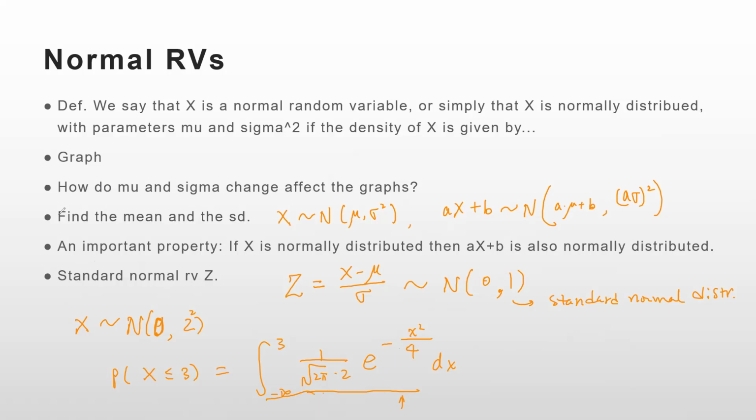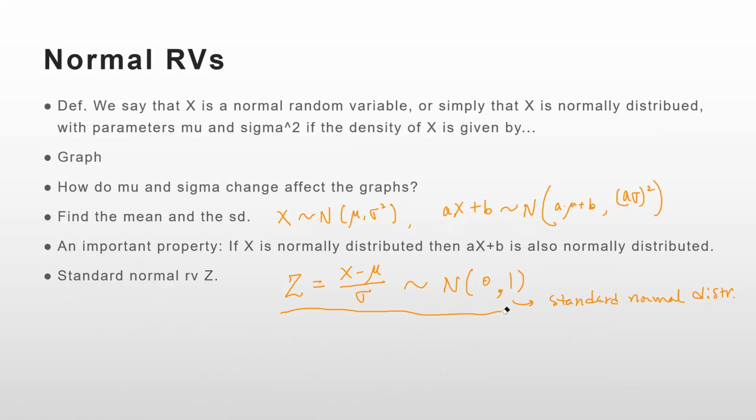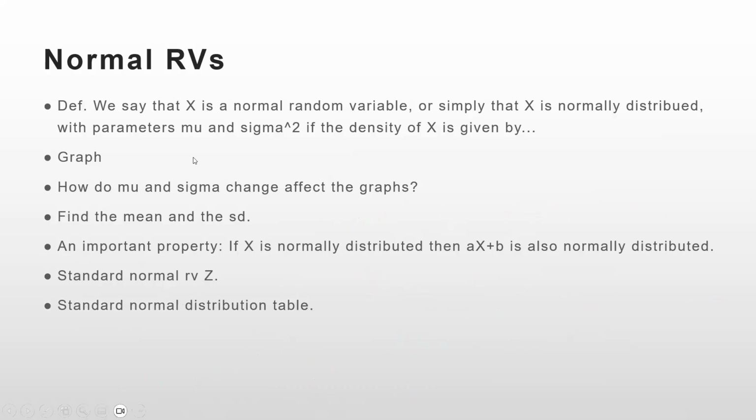But because of this fact, people only need one table for the standard normal distribution, called the standard normal distribution table. We can use that table to calculate all the probabilities, at least in approximation.